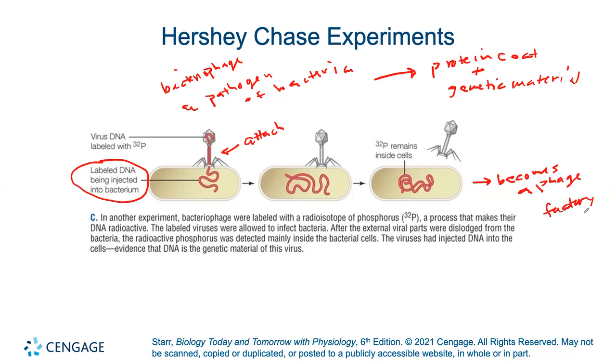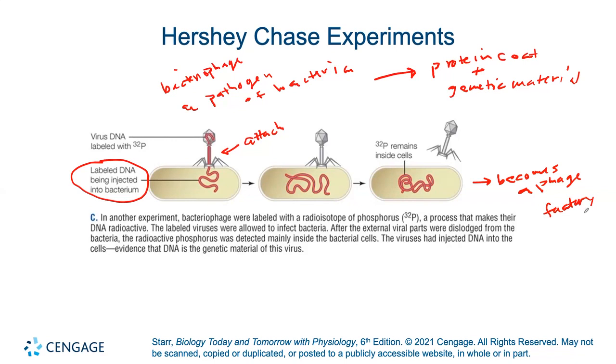Okay. And the phage produced in this phase of the experiment were radioactive, all right, which means that they had to carry some of the radioactive DNA into the next generation in order to generate new phage.